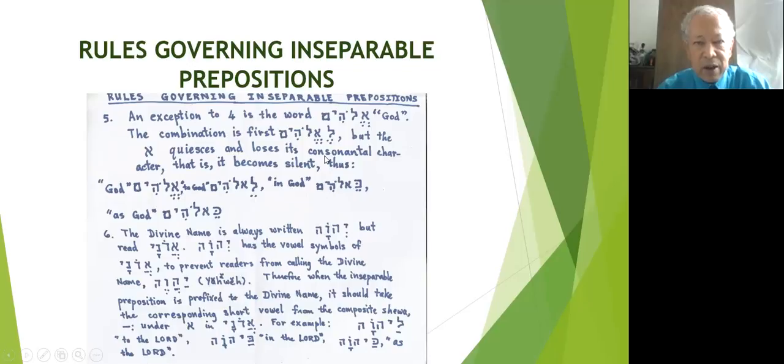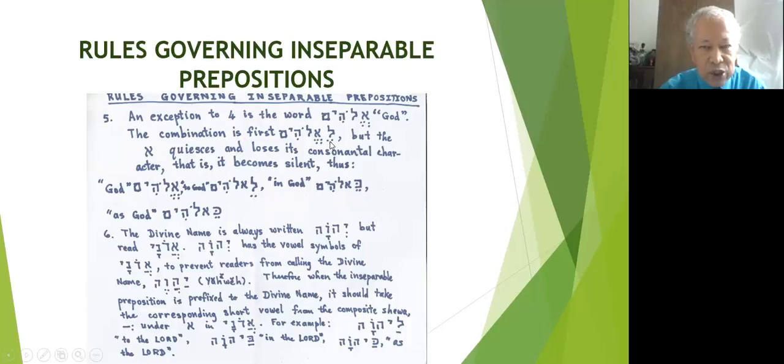That is, it's not pronounced. It becomes silent. And so what we have as Elohim, God, we have Le Lohim. So instead of having the segol, the short E sound is lengthened to sire, the long E sound.